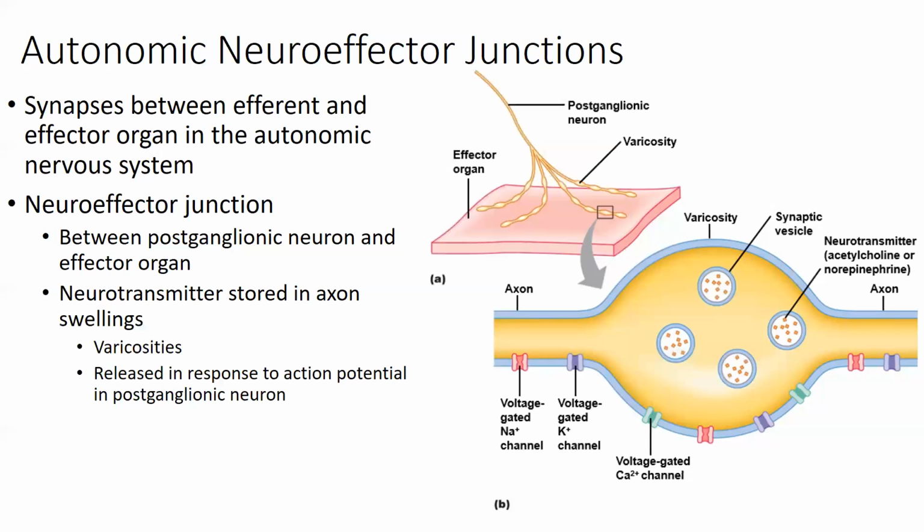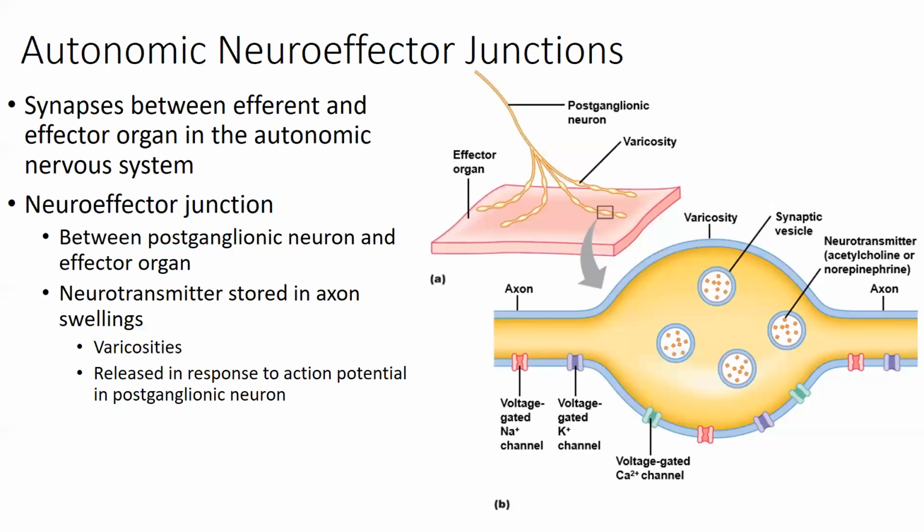If this were norepinephrine in the sympathetic system, what type of receptor would that be? What type of receptor does norepinephrine bind to? Adrenergic receptors, right? Adrenergic, so either alpha 1 or 2 or beta 1, 2, or 3.